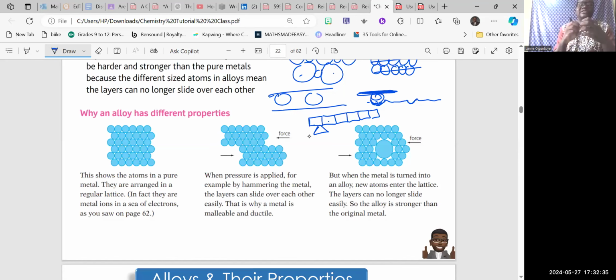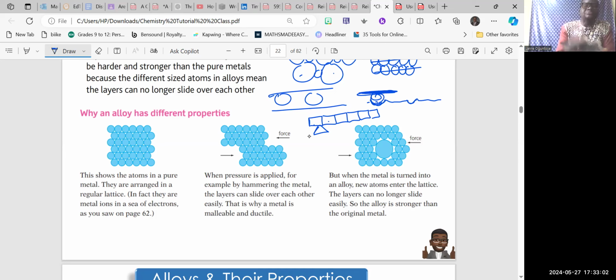But the difference in size will determine how hard the alloys will be. Do you understand? So if the sizes are different, one is very big, the other is very, very small, then it becomes difficult for you to slide over one another. If you look at the diagrams that we have here, it explains why metals are malleable.